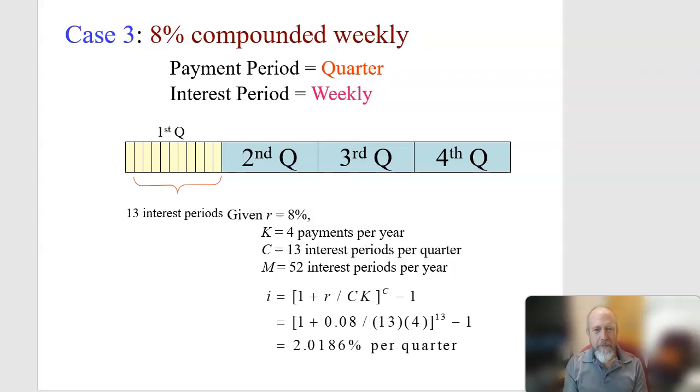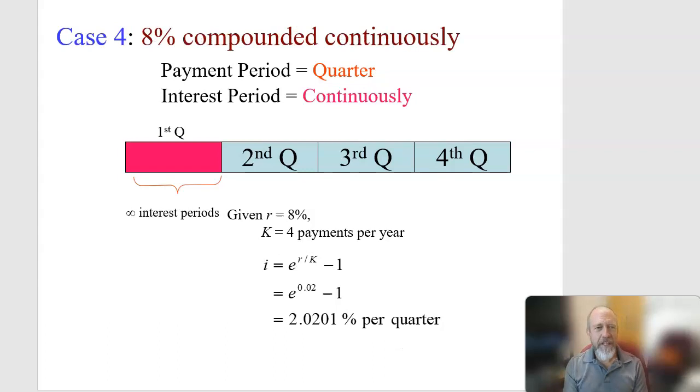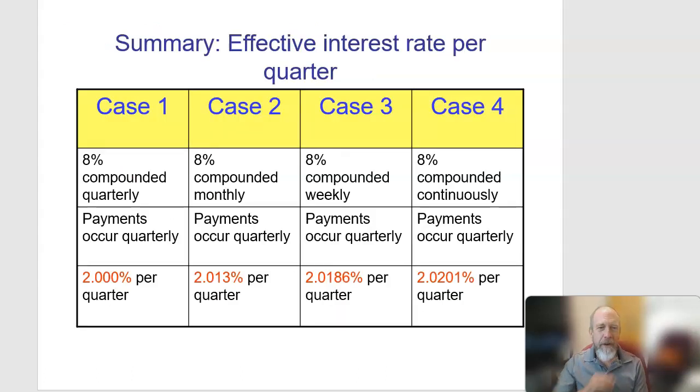Notice the number went up. And you can compound continuously. And notice the effective annual interest rate went up. Let's compare all those. Quarterly, 2. Monthly, 2.013. Weekly, 2.0186. Compounded continuously, 2.0201. And you say, oh, that's not a whole lot of difference, but it adds up.